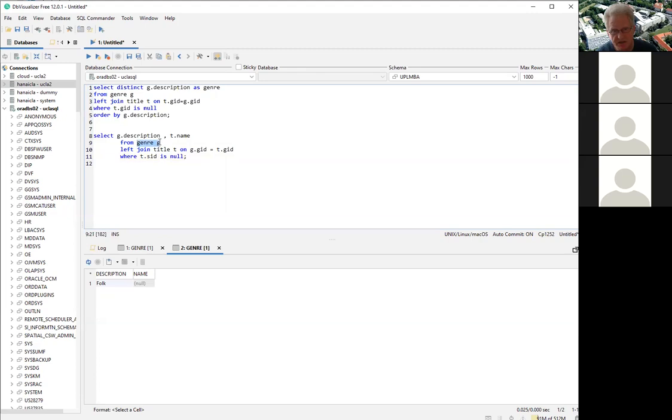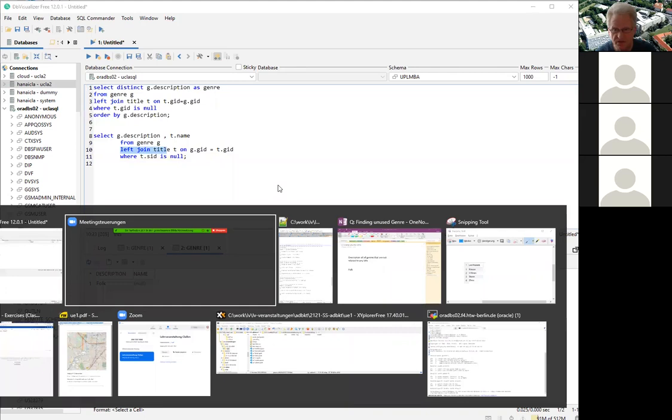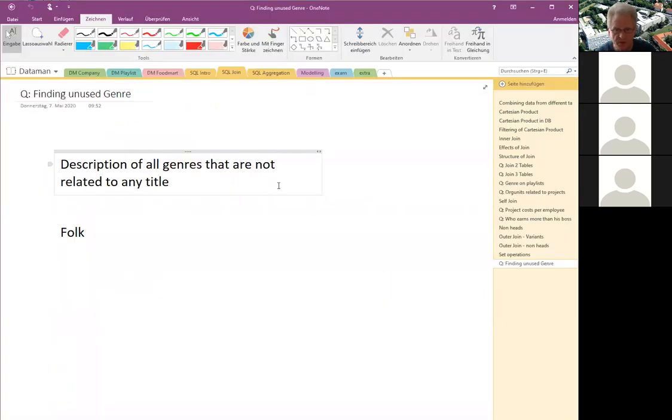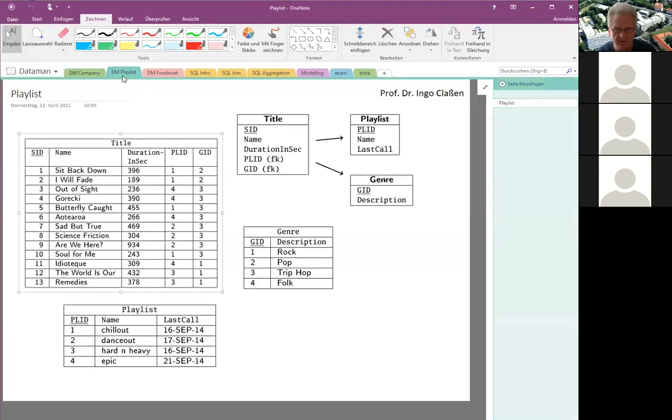As you see, we are taking the genre table and performing a left join with the title table. And if you look at the folk record, I'm taking here the genre table, I'm taking here the folk record. Of course, I take all the records, but especially the folk record here.